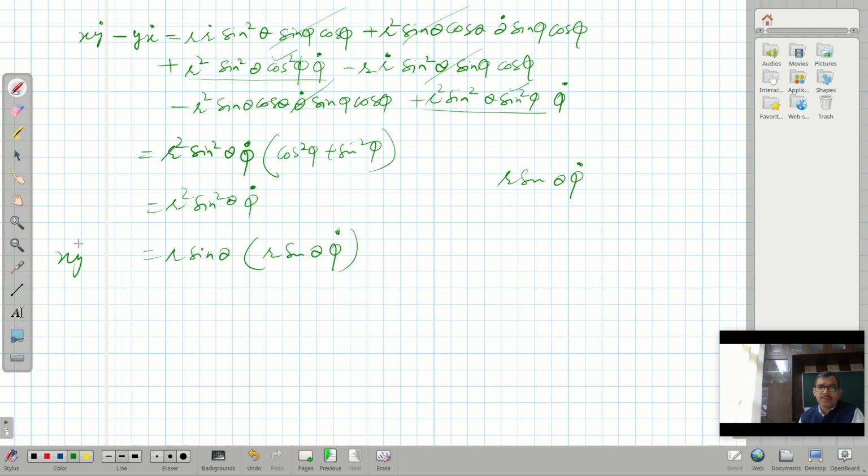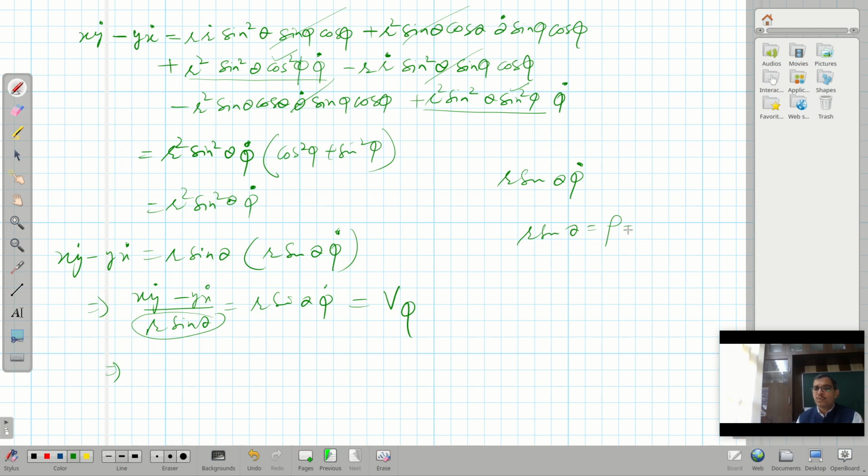So it is x y dot minus y x dot. So I can write simply that x y dot minus y x dot divided by r sine theta is equal to r sine theta phi dot, and this is nothing but v phi, and r sine theta we have evaluated as the square root of x square plus y square.